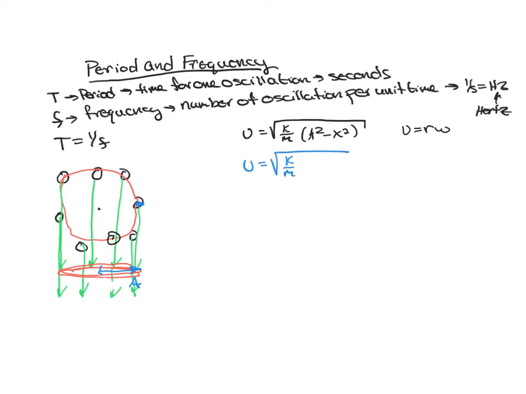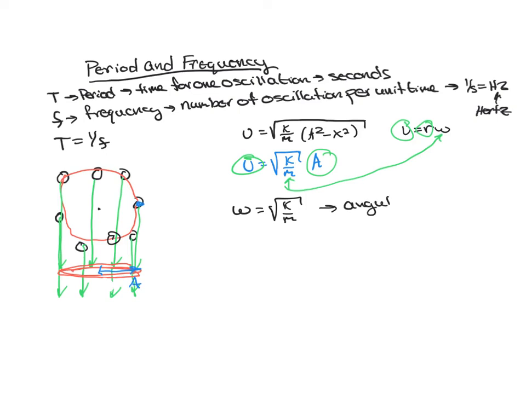And that's usually the best way to see this. So I'm able to take the square root of a. The a here in this particular case is our r. And of course velocity matches velocity. So this connects together this idea that the angular velocity of our oscillation is equal to the square root of k over m. Except instead of calling it angular velocity, now we're going to call it angular frequency.